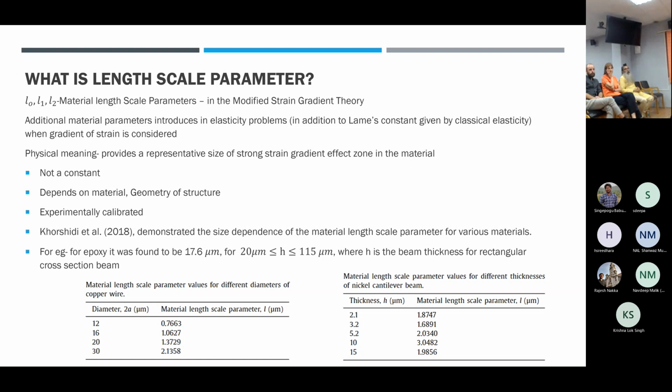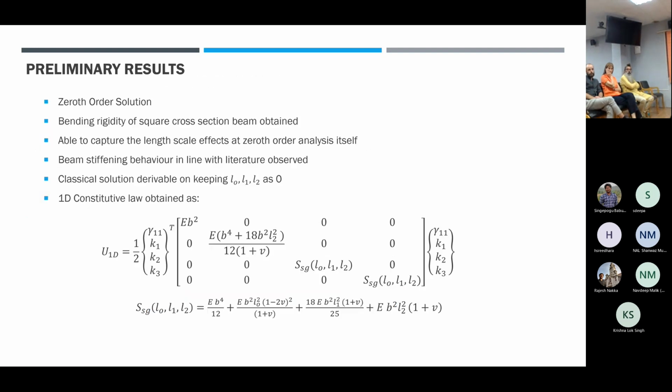And these are some examples of the material length scale parameter for copper wire, which has a circular cross section, so here the material length scale parameter depends on the diameter. We have different values for the material length scale parameter corresponding to different diameters. And for nickel also we have such approximations.